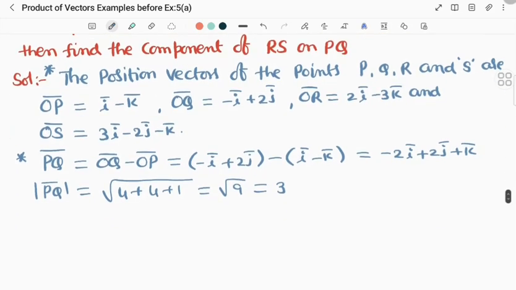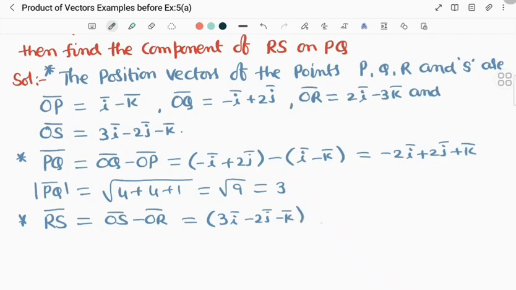Next, the RS vector also we need to calculate. So what is RS? OS minus OR. What is OS? 3i minus 2j minus k minus OR, 2i minus 3k. So 3i minus 2i is i, minus 2j, minus k plus 3k gives plus 2k.